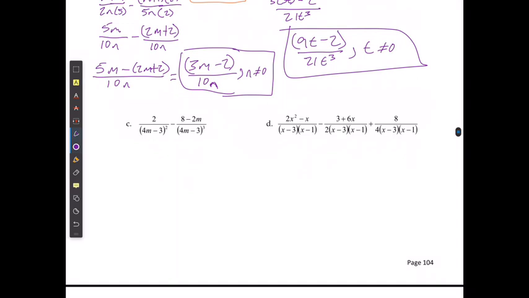For example C, they're already factored, so I can state right from the get-go that m will not be able to equal 3 over 4.